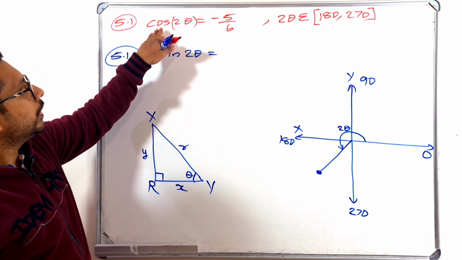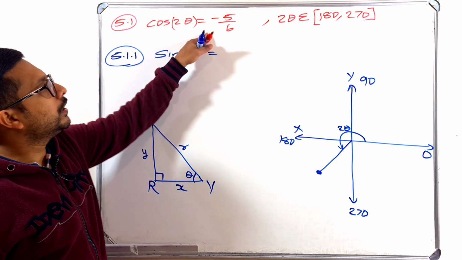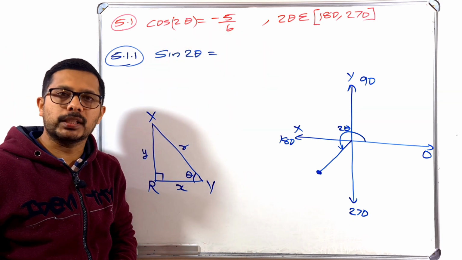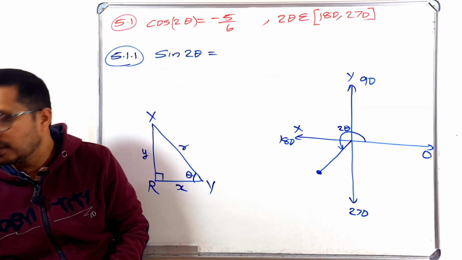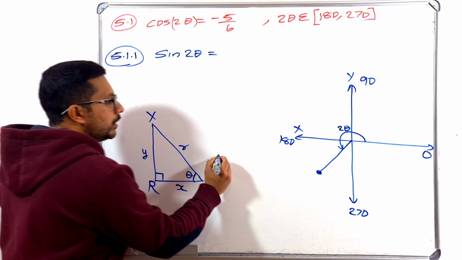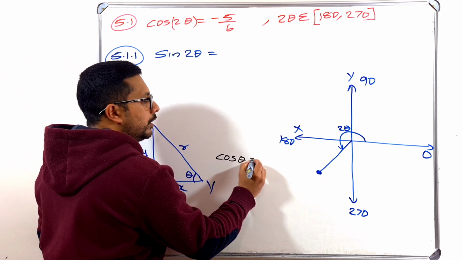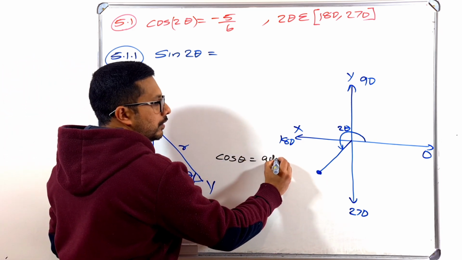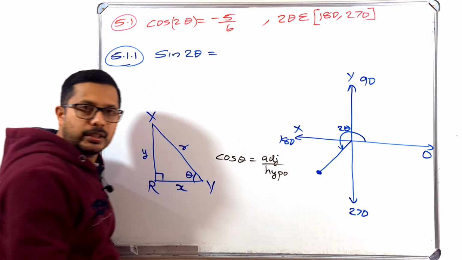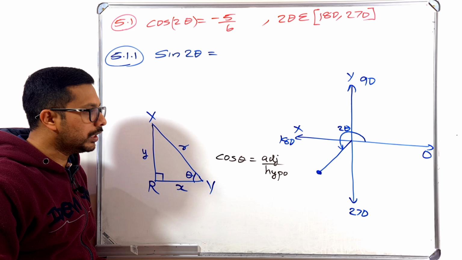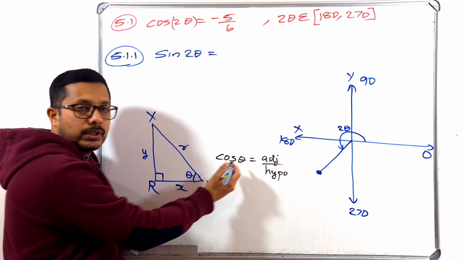Now it is given that cos 2 theta is minus 5 over 6. What is the definition of cos you studied? Cos theta is adjacent side by hypotenuse. In grade 10 you studied that cos theta is adjacent over hypotenuse, whether the angle is theta or 2 theta, that doesn't matter.